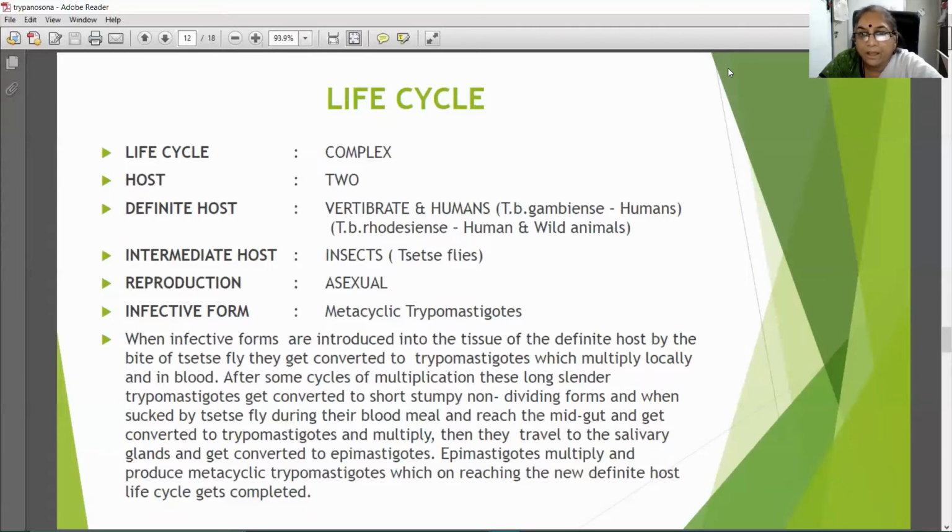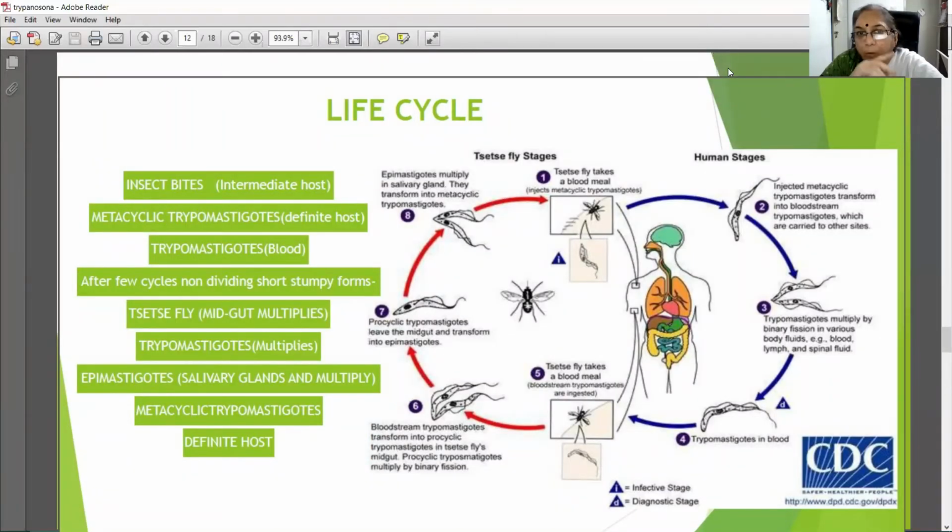So they have to reach the human beings to complete the life cycle. Therefore, when the tsetse flies bite the human being, the life cycle gets completed. That is how it requires two hosts to complete its life cycle.